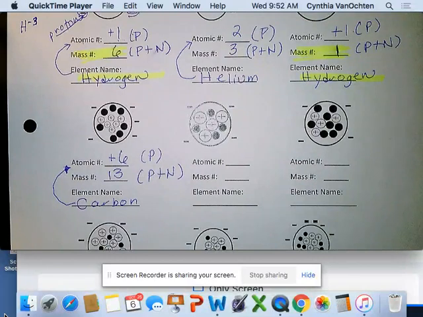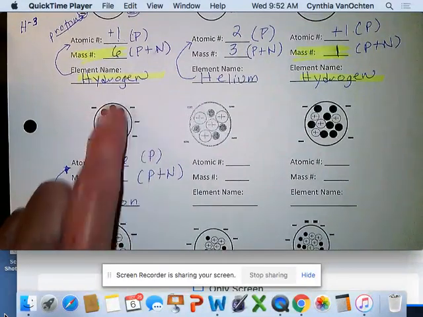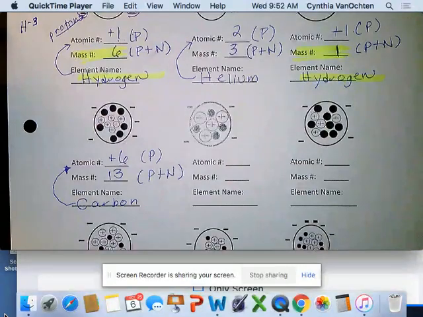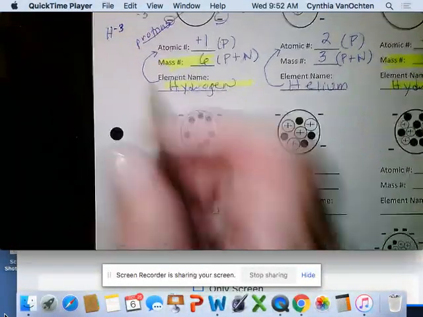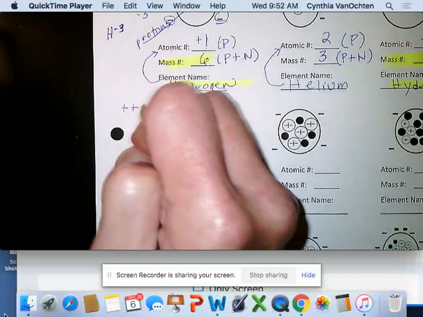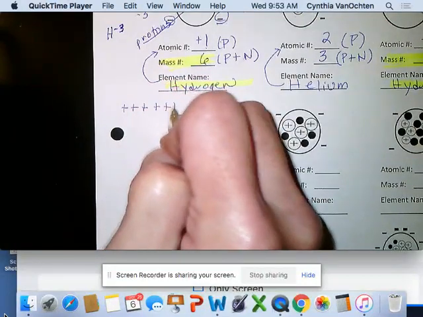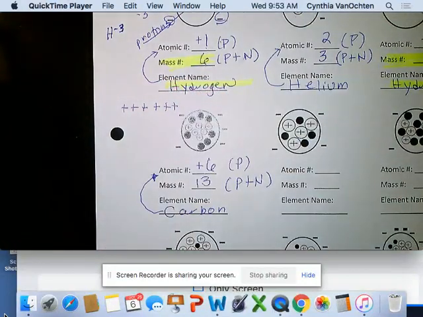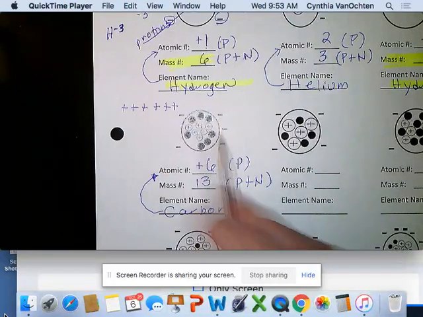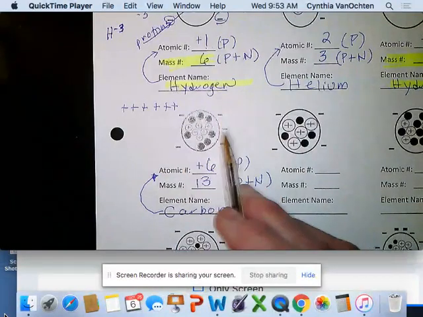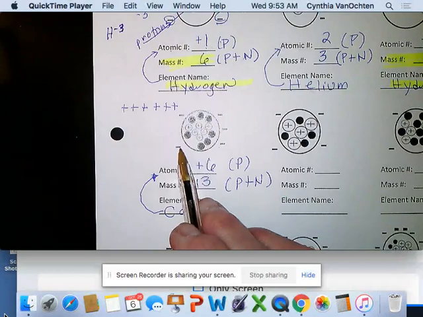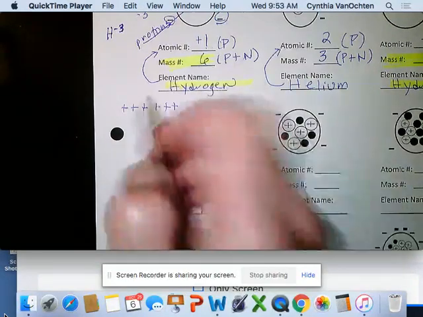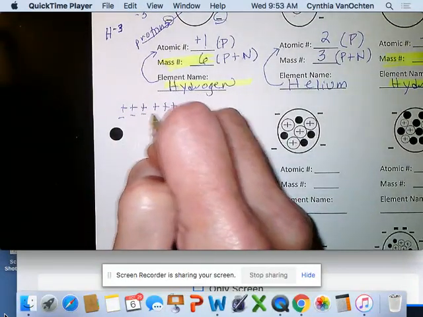So now, Alexis, how many protons are in this nucleus? How many positives? 6. So I'm going to draw that on the side. 1, 2, 3, 4, 5, 6. And Alexis, how many negatives? 1, 2, 3, 4, 5. Do you see that? So 5 negatives, and you guys should be copying this down.